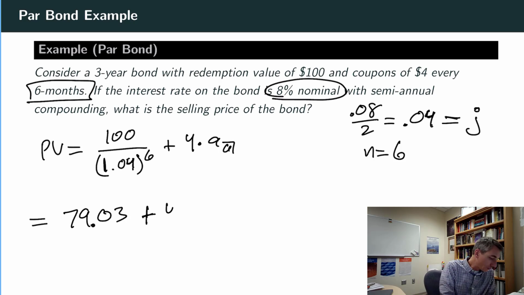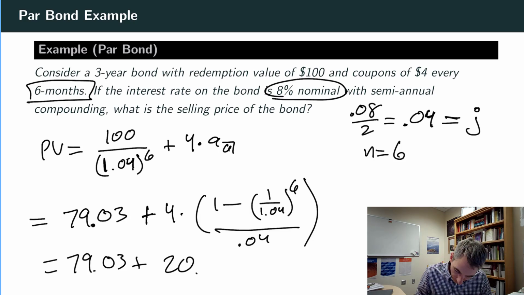And if we run the numbers on that, that's 4 times, I'll just put it in my calculator here, and I'm getting $20.97. Now, when you add those two, you get back to 100.